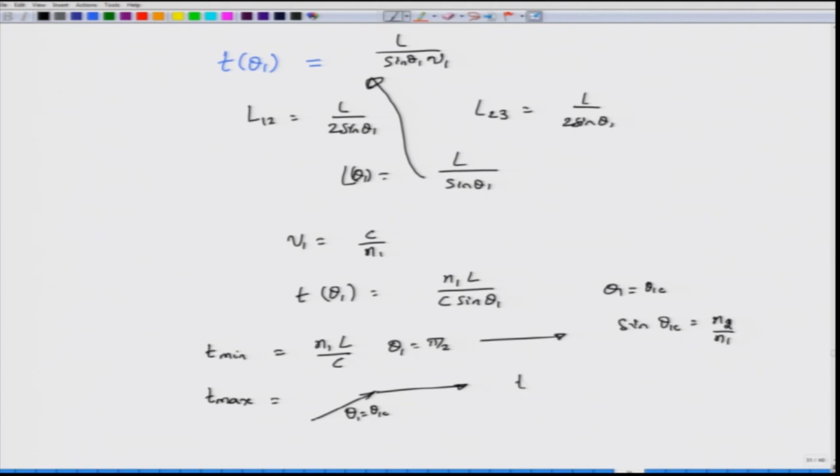So the maximum time is n1 L divided by c times sin theta 1 c, which is n2 by n1. Therefore n1 goes on top, and you will have n1 square L by c n2. This is the maximum time duration.